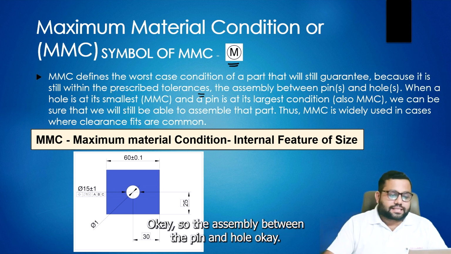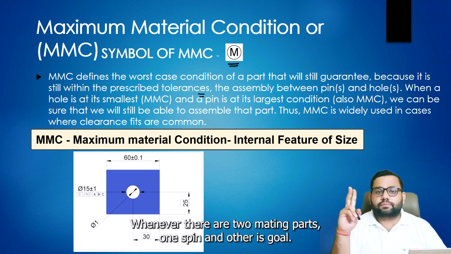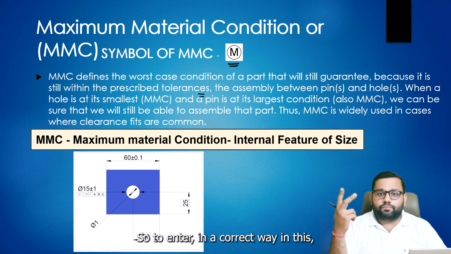Take the assembly between the pin and hole. Whenever there are two mating parts, one is a pin and the other is a hole.